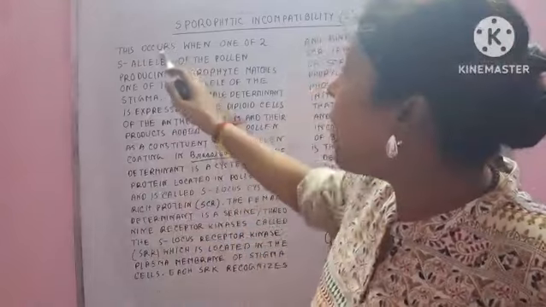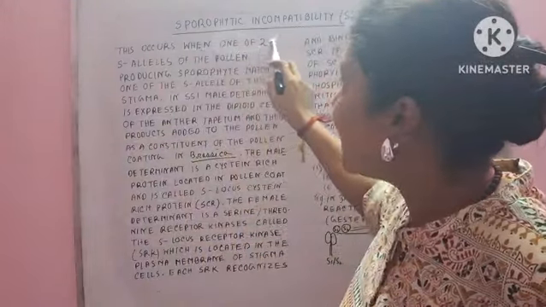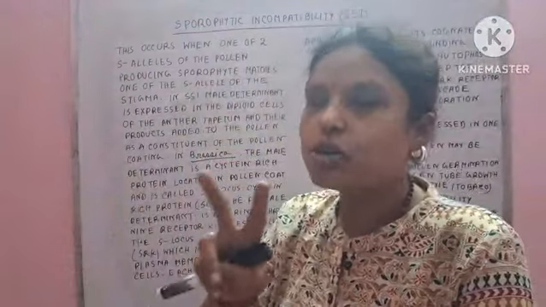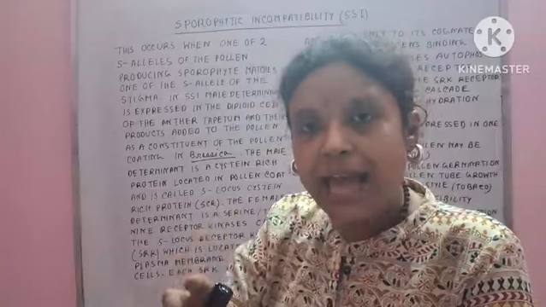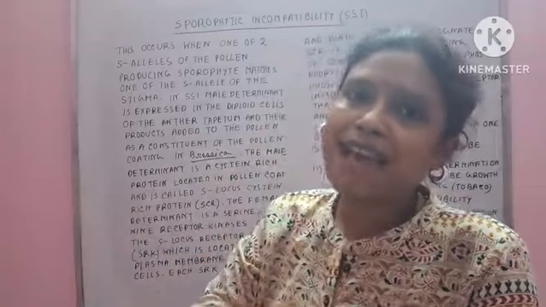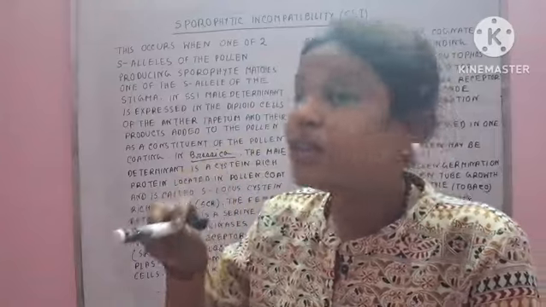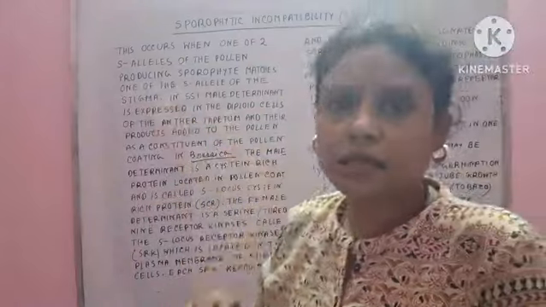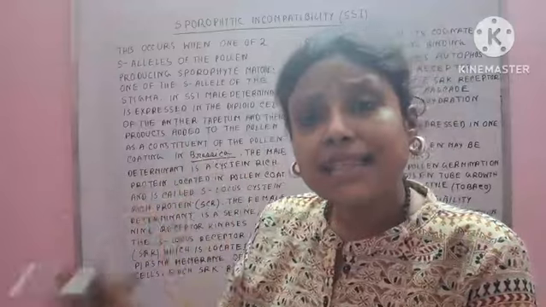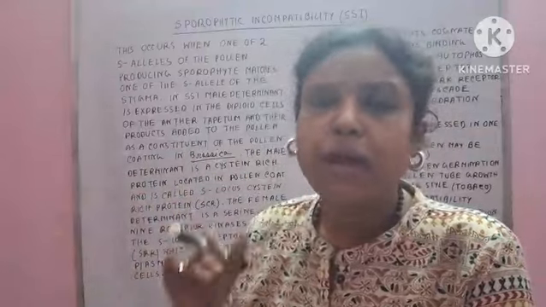So it is very important that if two alleles or two sporophytes are there and one of them matches the stigma's sporophytes, then the incompatibility happens.